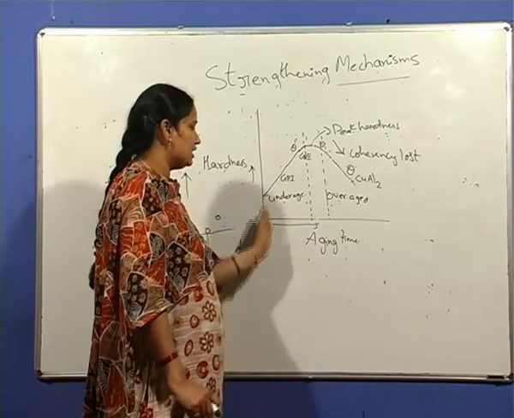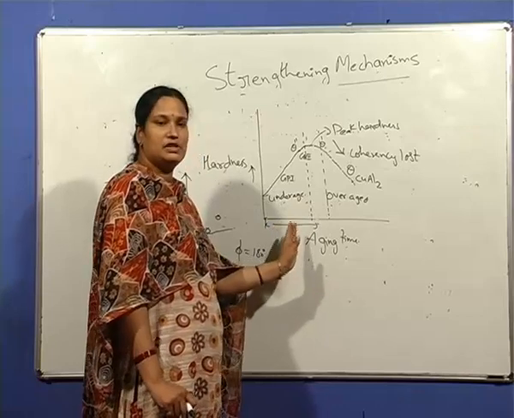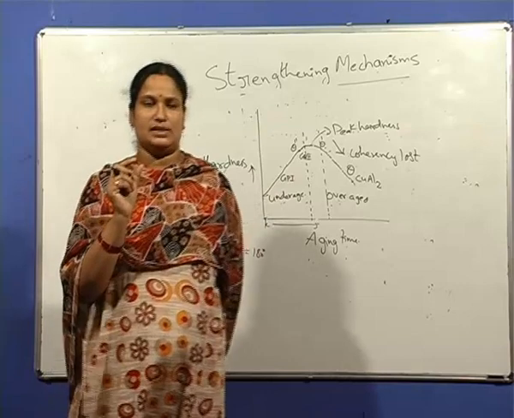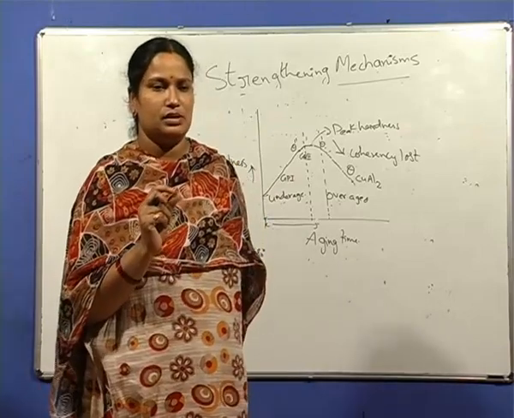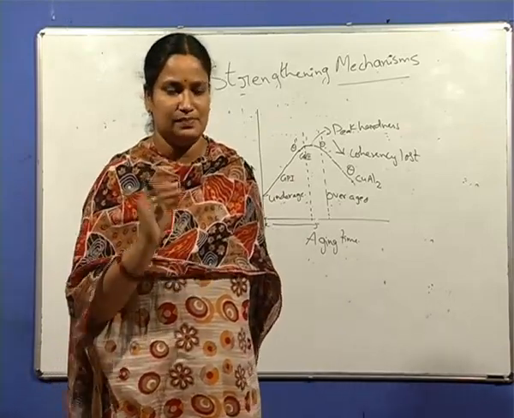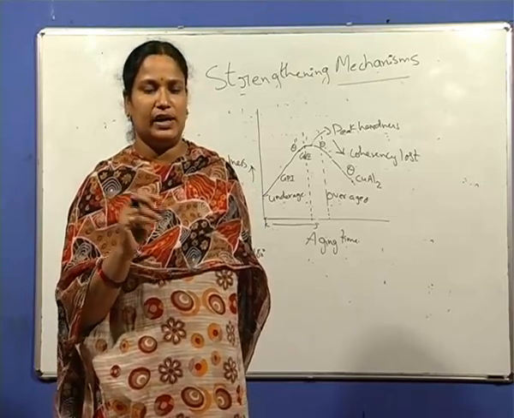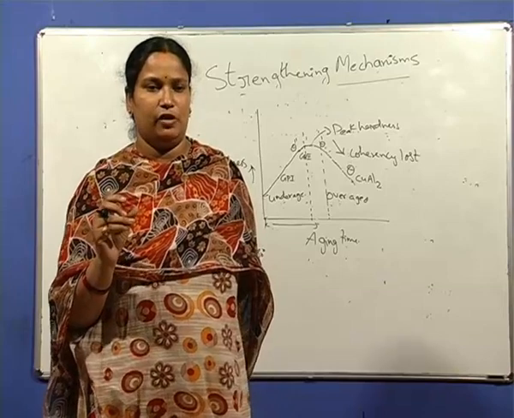So in the initial stage with respect to the aging time, small clusters are formed. Clusters means group of atoms together is known as cluster. Small cluster of the solute atoms, copper clusters, they form.